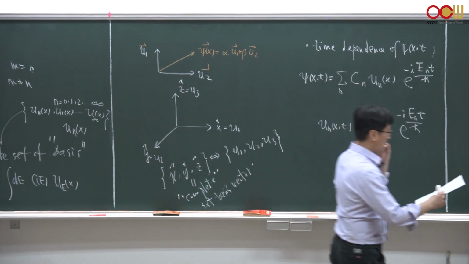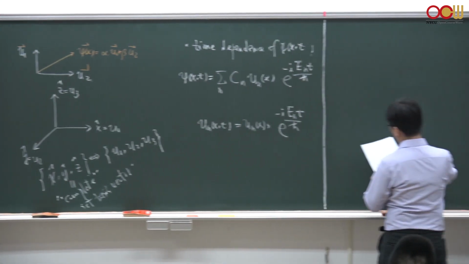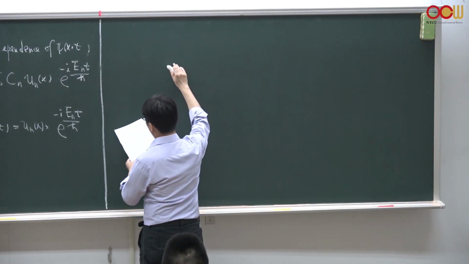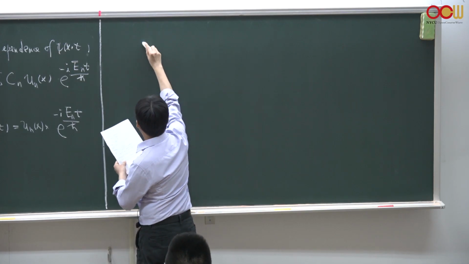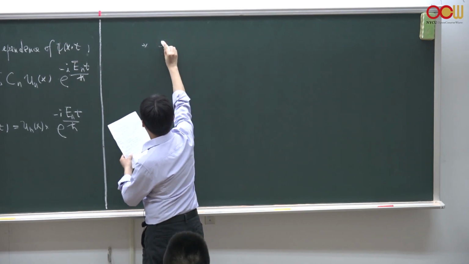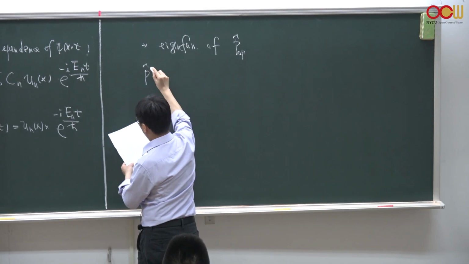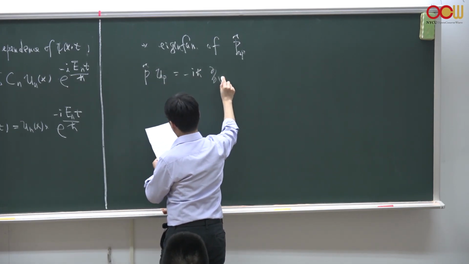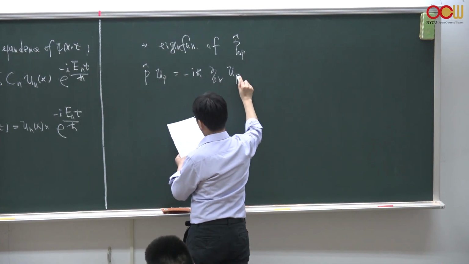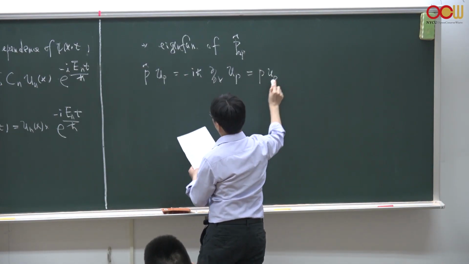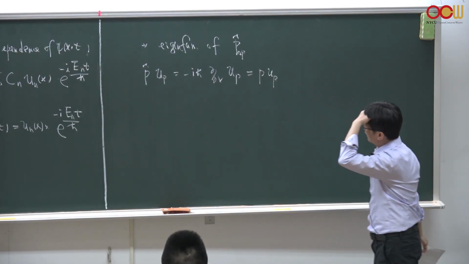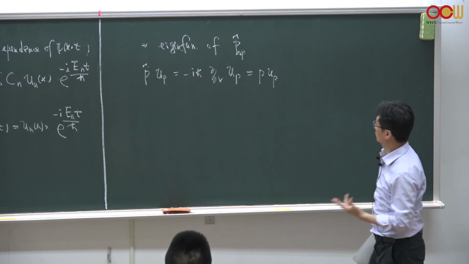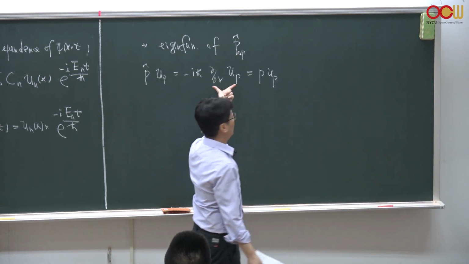So let's talk again about the eigenfunctions of the momentum operator, just to refresh your memory. We already solved this. To find the eigenstates of the momentum operator, we need to solve the eigenvalue equation, right?